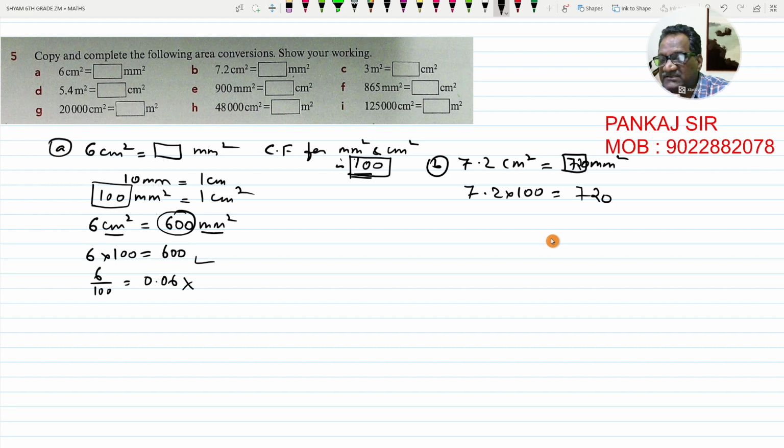Many students think that centimeter squared is a smaller unit than millimeter squared, and if that mistake is made, again they are in trouble. Once you decide which is the smaller unit, you have to go the other way. The smaller unit will always have a numerical value in front of it which will be bigger than that in front of the bigger unit.